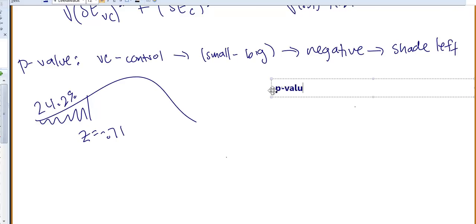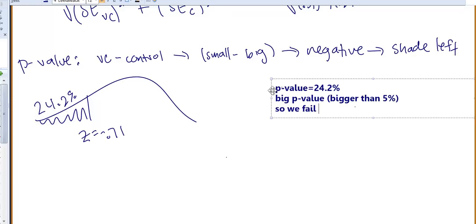So my p-value equals 24.2%. This would be considered a big p-value. It's bigger than 5%. So we fail to reject the null hypothesis.